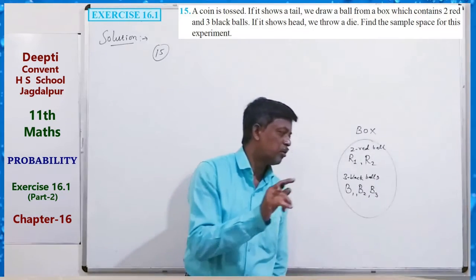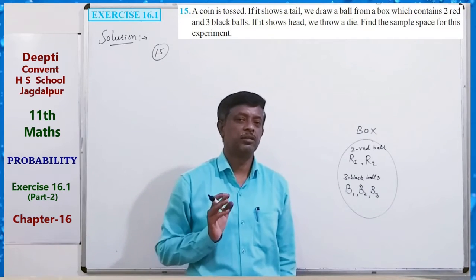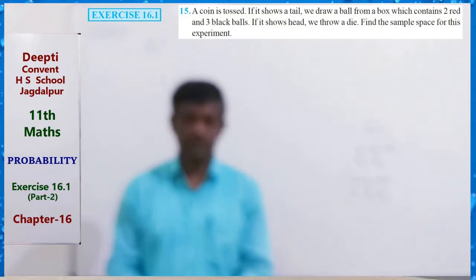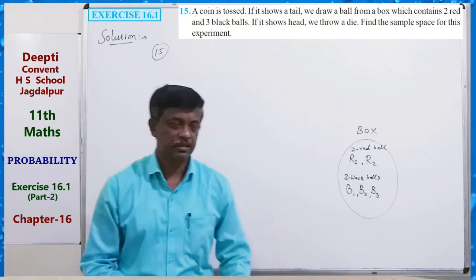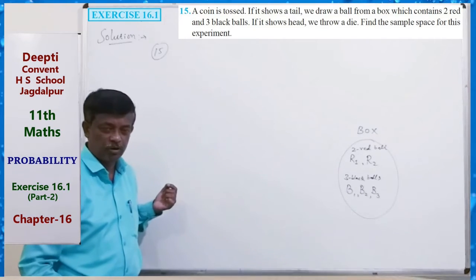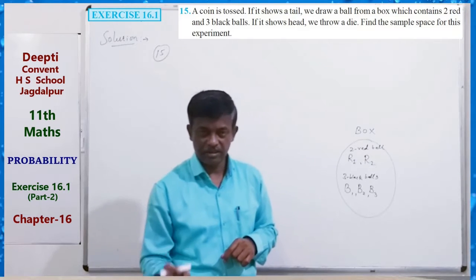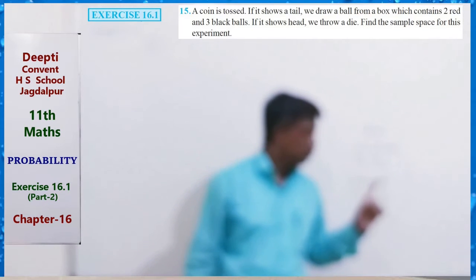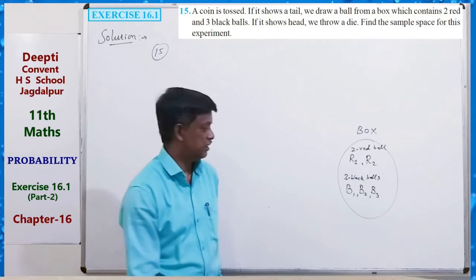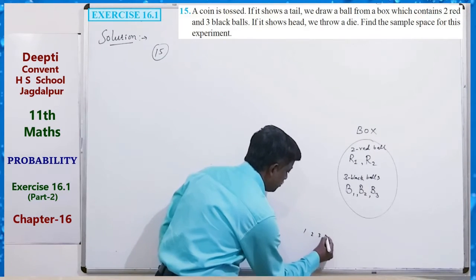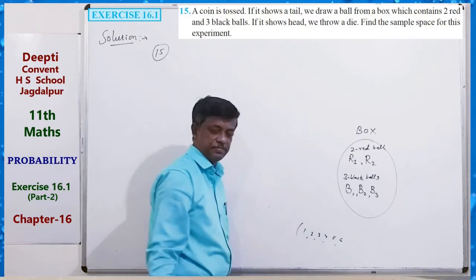If it shows a head, we throw a die, that is 1, 2, 3, 4, 5, 6.